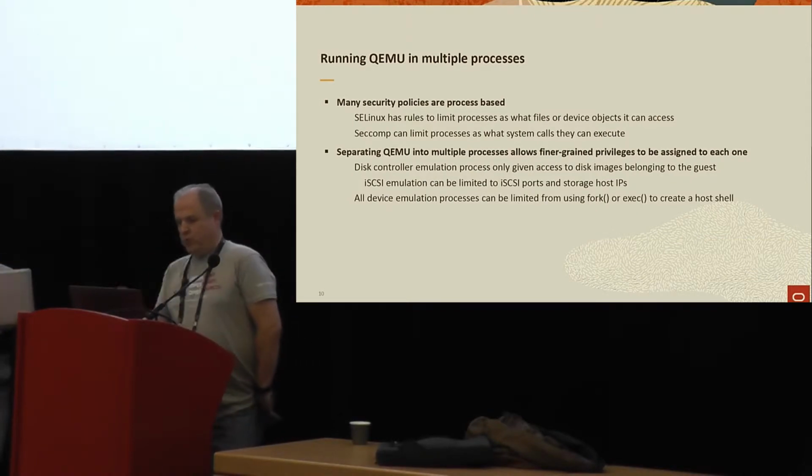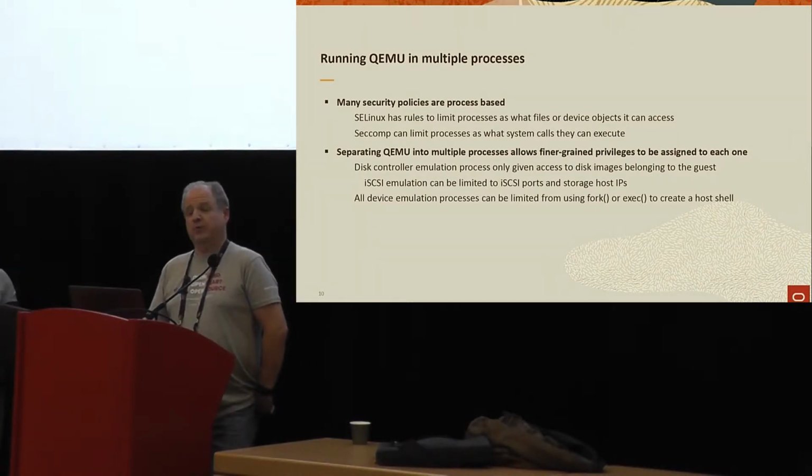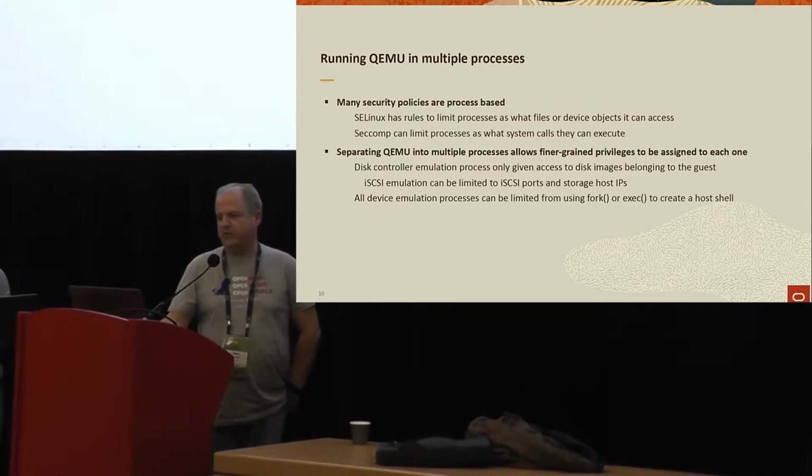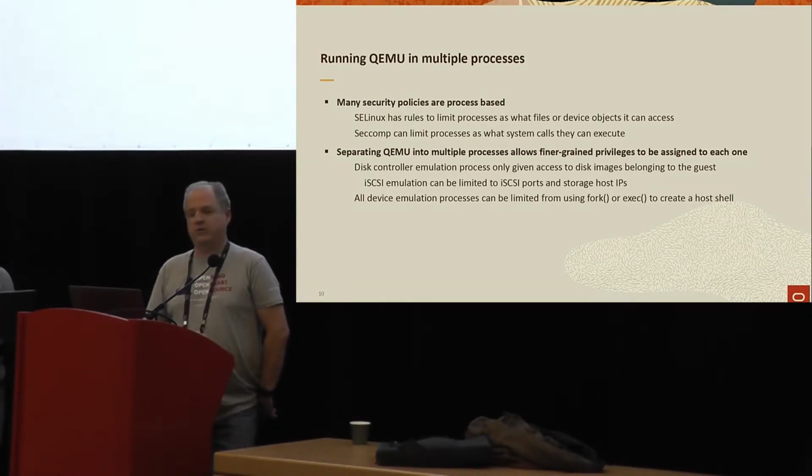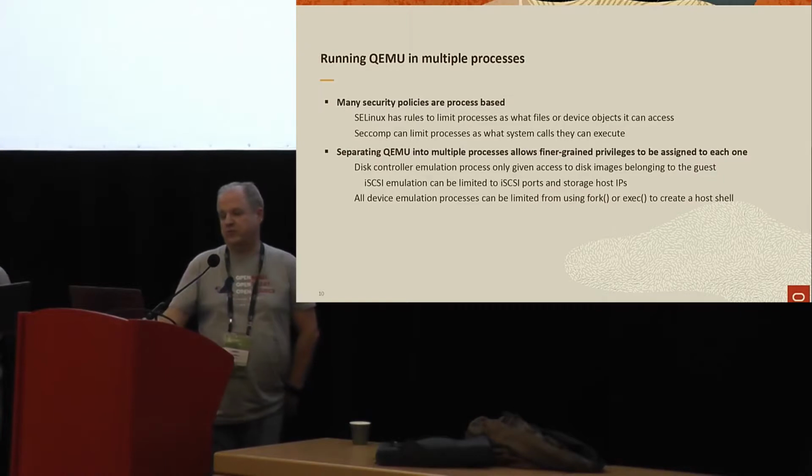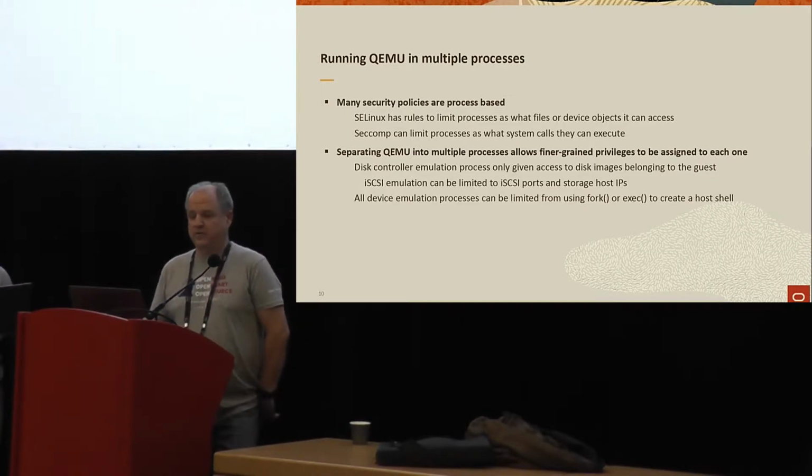All right, so why would we run QEMU in multiple processes? Well, as I said before, a lot of security policies are process-based. SELinux is basically about rules that limit which files and device objects processes can access. Another one is seccomp. It can limit what system calls processes can execute.